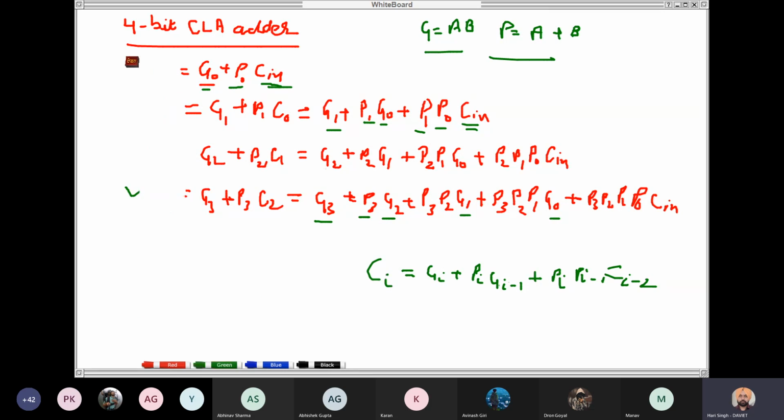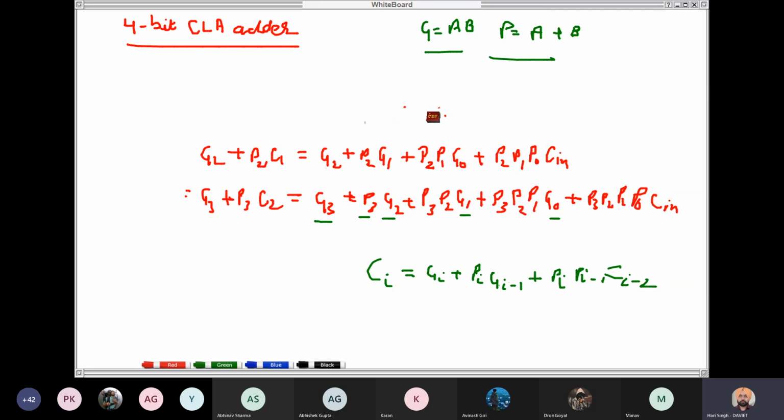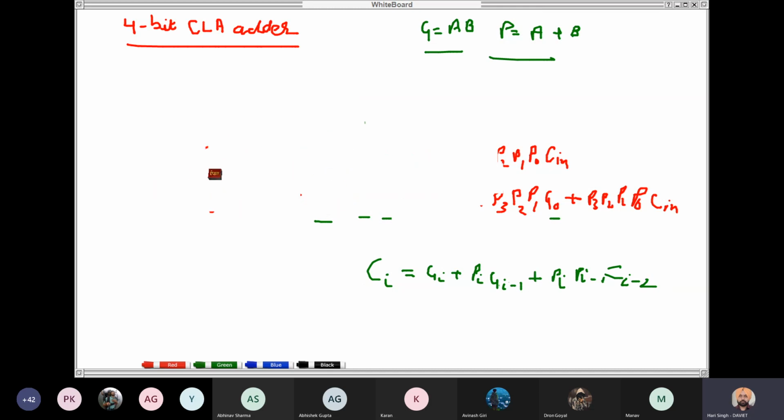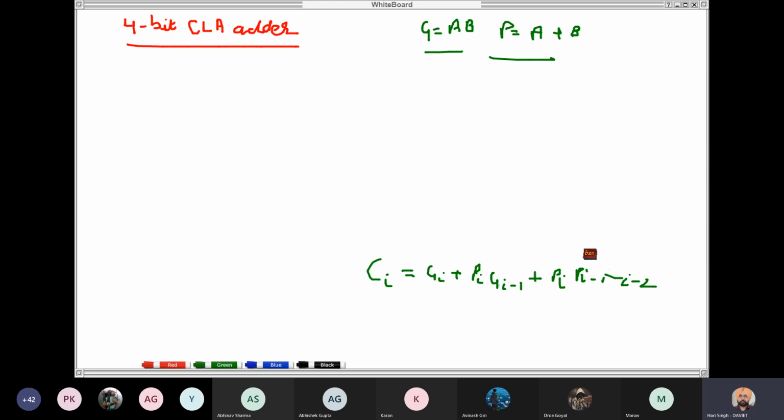Now we can design a circuit to generate Ci from the values of Gi's and Pi's by using AND and OR gates. This is Ci minus 2.